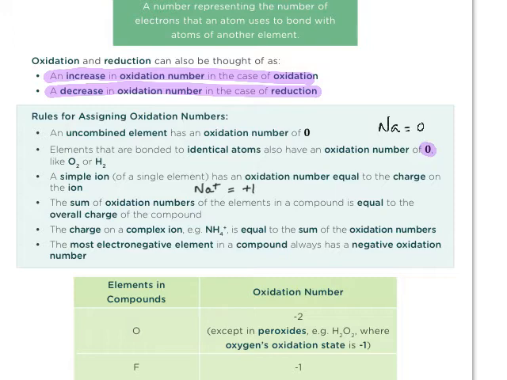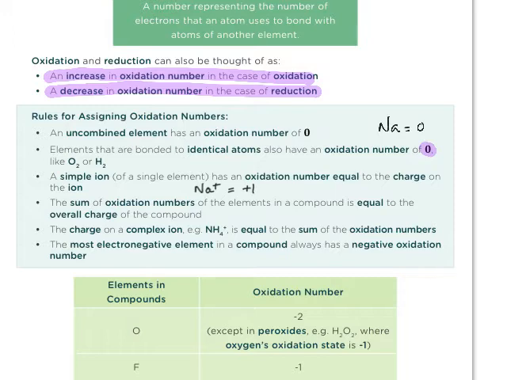If we have a compound, then the sum of the individual oxidation numbers of the elements has to be equal to the overall charge of the compound. So if it's a compound that has no overall charge, then the sum of all the oxidation numbers must equal 0. But if it has a charge, then the sum must equal that charge.